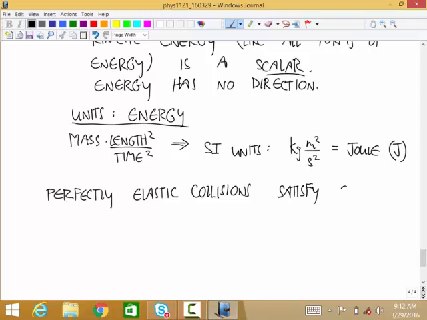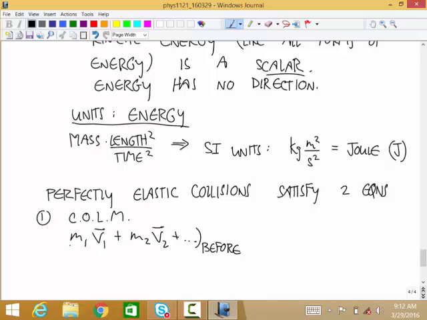The first one is conservation of linear momentum. So the mass of object 1 times its velocity plus the mass of object 2 times its velocity, as many as you have before the collision, is equal to the same thing after the collision.